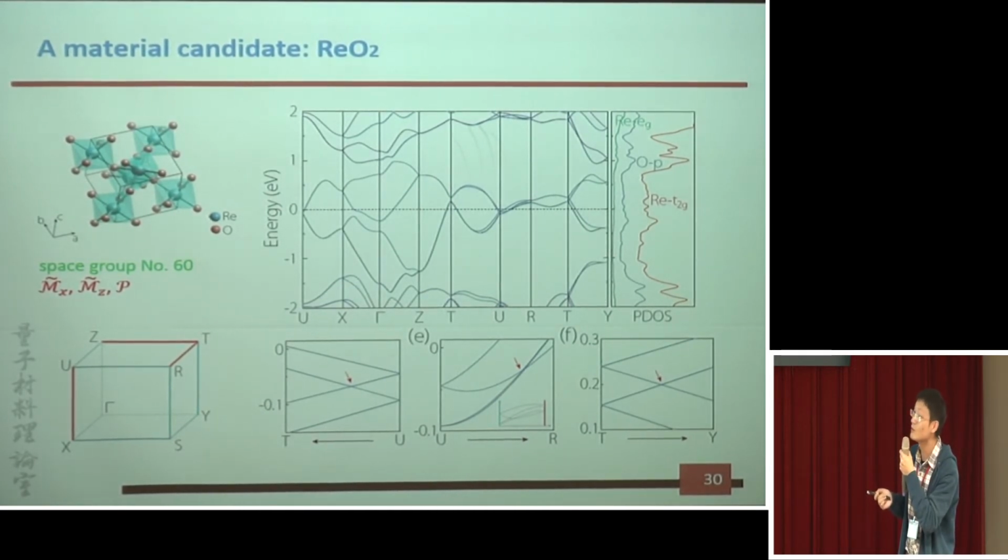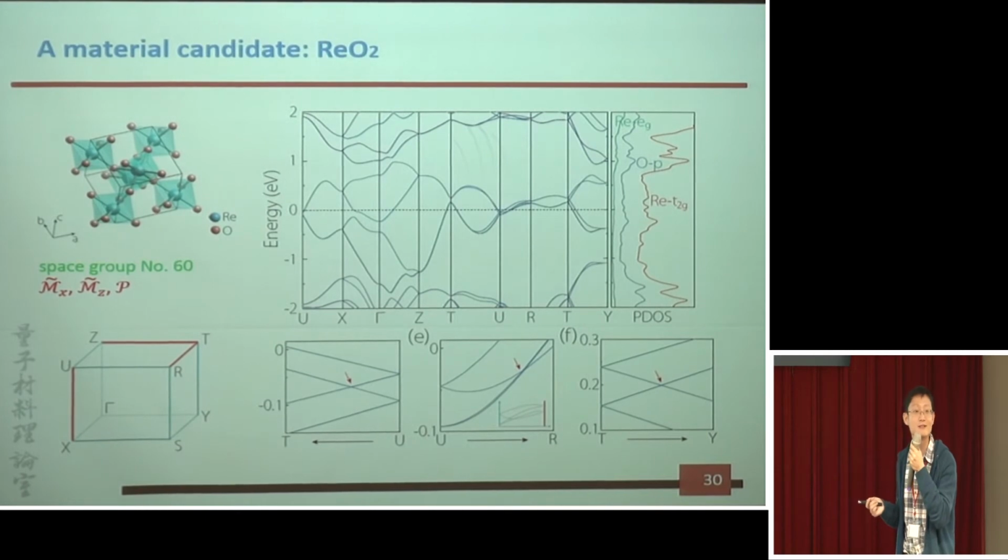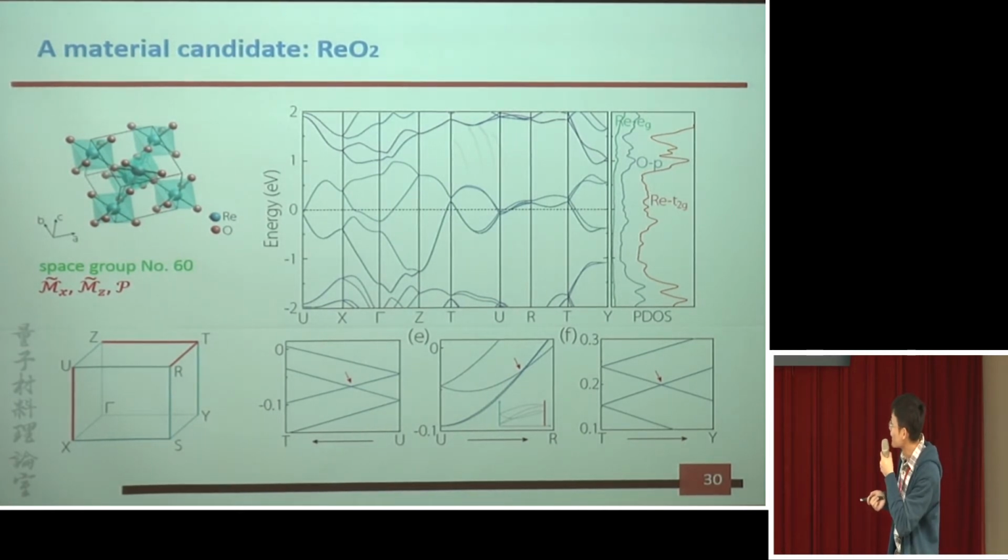And this material actually has existed in chemistry for many years, and used to be a good catalyst. Actually, I found it from the literature. So this is a band structure. It's a metal. The bands near the Fermi level are dominated by the t2g orbitals from the rhenium.